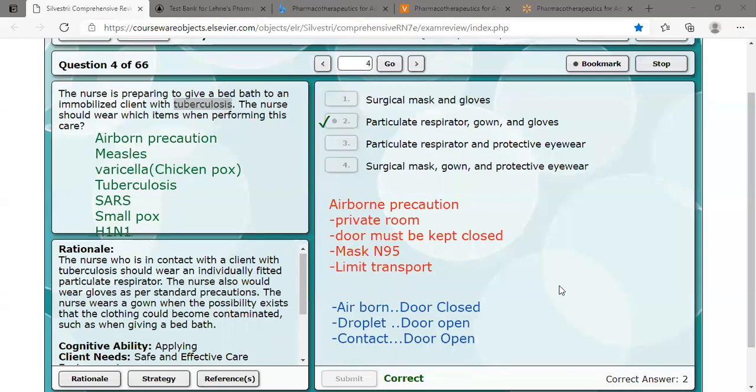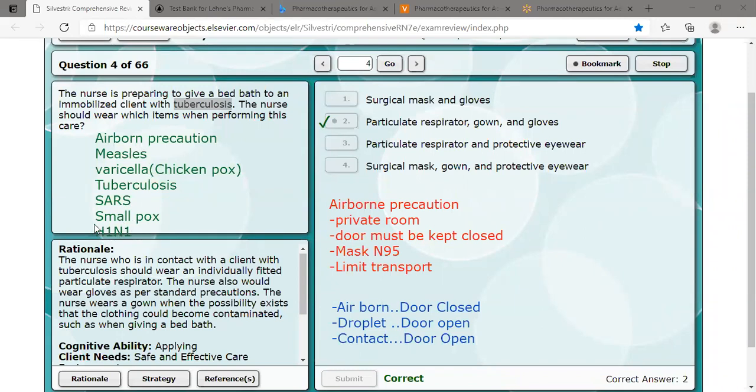Let me tell you something more about airborne precautions. The airborne diseases include measles, another name rubella, or varicella, which we call chickenpox, tuberculosis, the Mycobacterium TB, SARS, severe acute respiratory syndrome, smallpox, or H1N1.